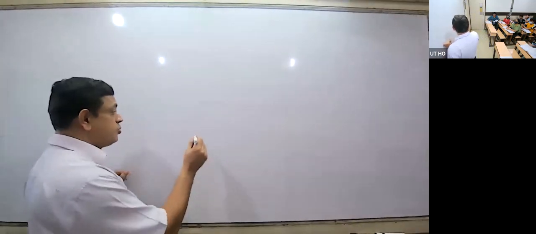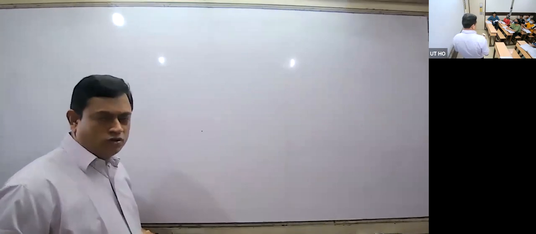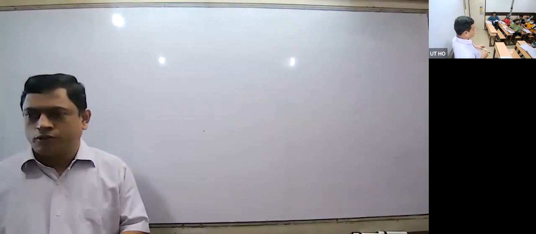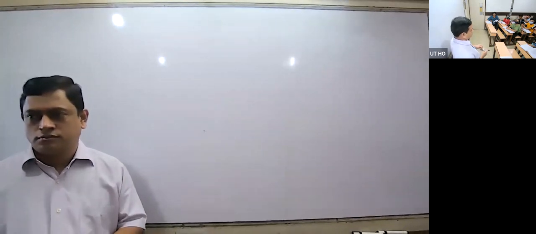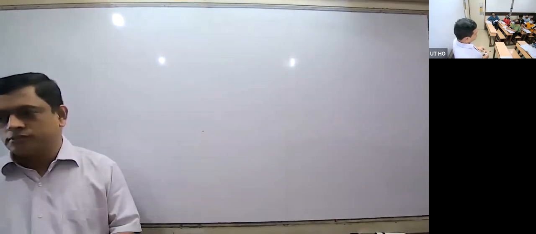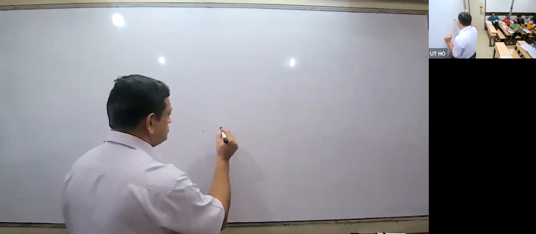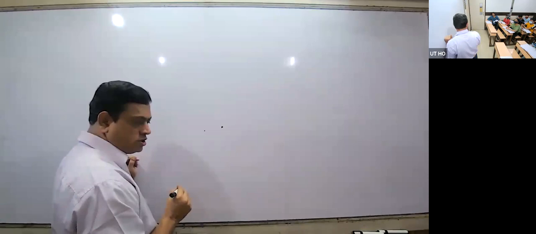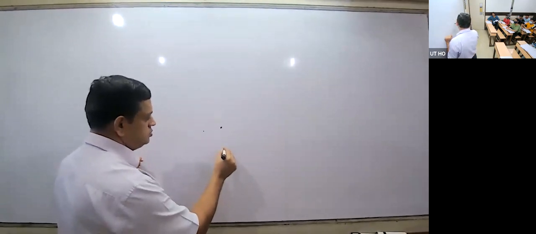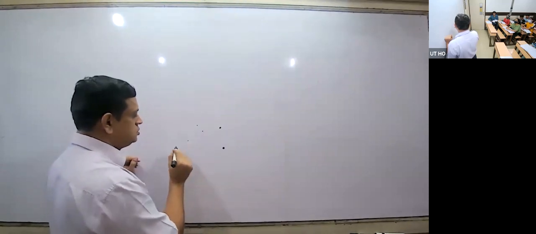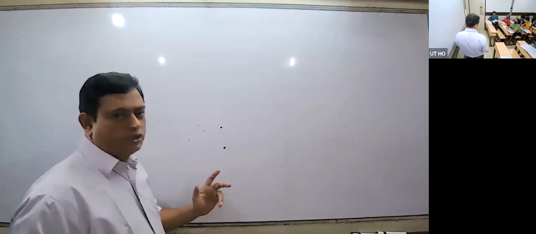Now this is a point. Can you define a point? What is a point? A point is a point. A dot is a point. What about this one? That also is a dot. Small dot, big dot.